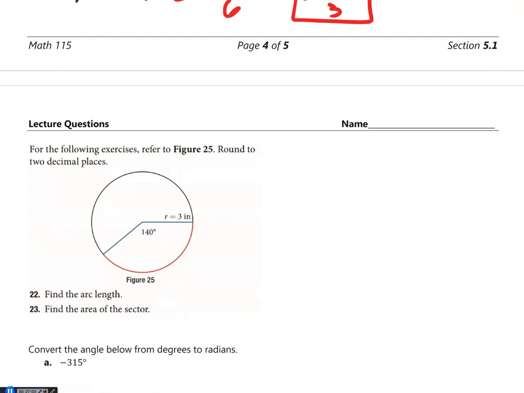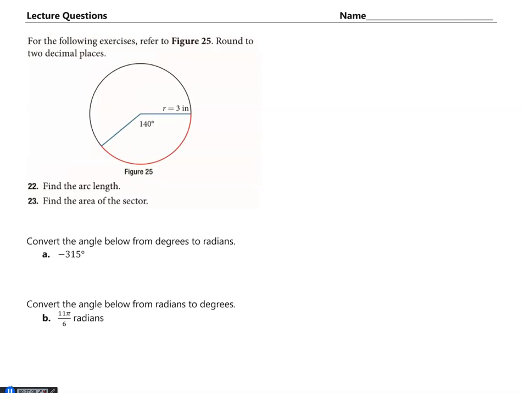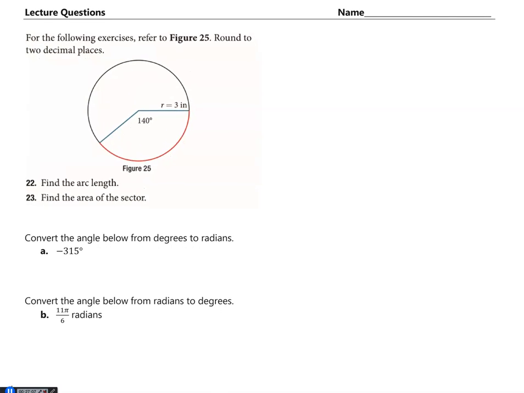Alright, let's try some lecture questions this time. For the following exercises, refer to figure 25 and round to 2 decimal places. 22 and 23: 22, find the arc length, and 23, find the area of the sector with the radius equal to 3 inches and the angle 140.